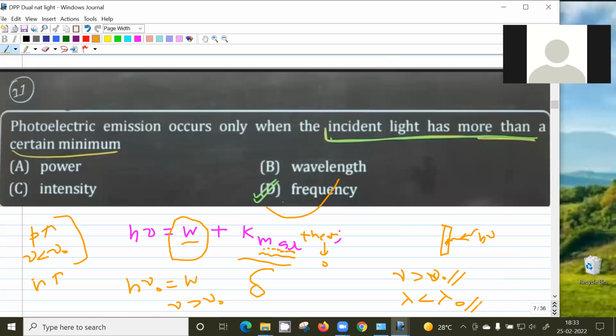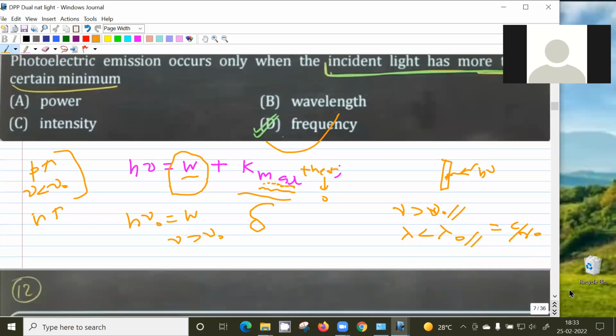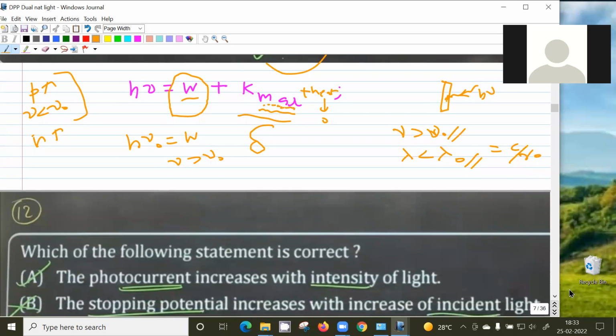As far as wavelength is concerned, it should be less than the maximum, and lambda naught is c by nu naught. This is a theoretical question. I don't think it will come in the exam, but it's required for concept clarity.